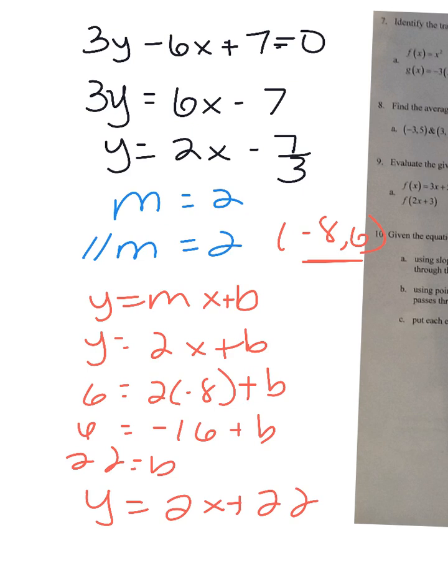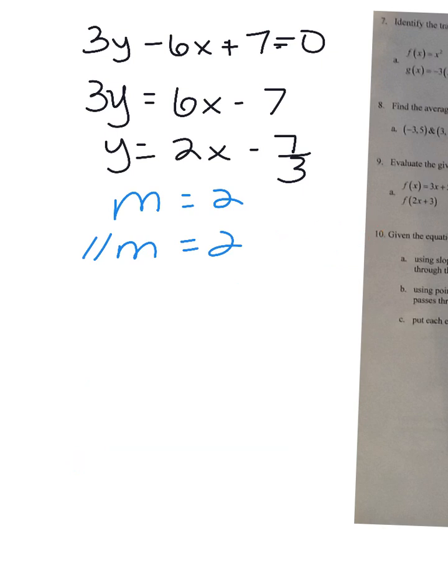All right, so now I want to have perpendicular. So my perpendicular slope is the negative reciprocal, which is going to be negative 1/2. And I want to use point slope form. So that's this one. Y minus y1 is equal to the slope times x minus x1.